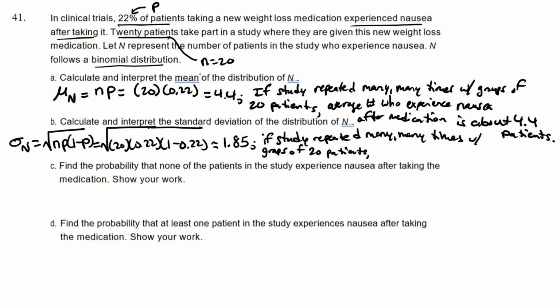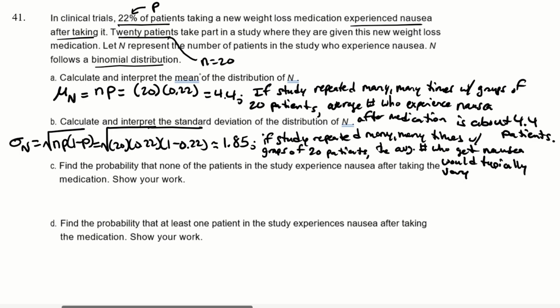So the average number who get nausea would typically vary by about 1.85 patients from the mean, and the mean was 4.4. All right, so there you go.